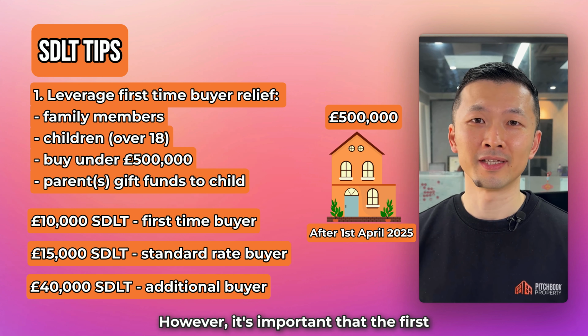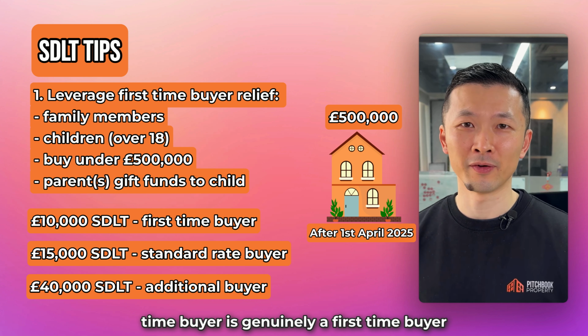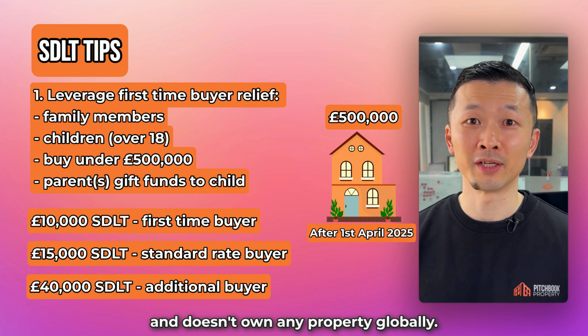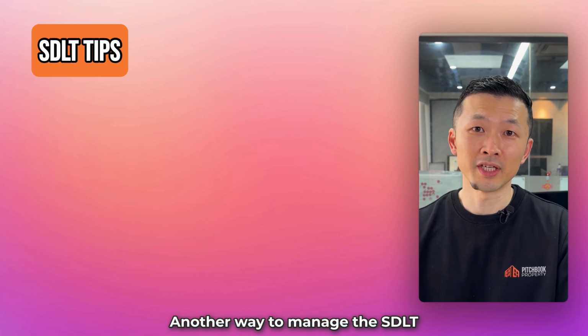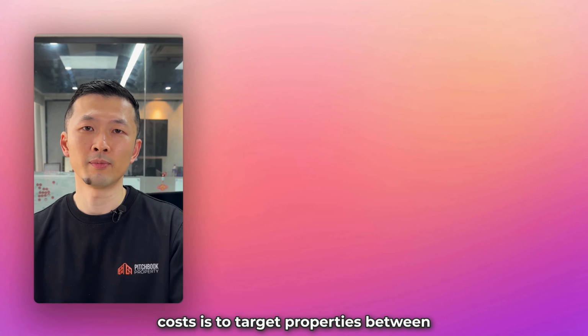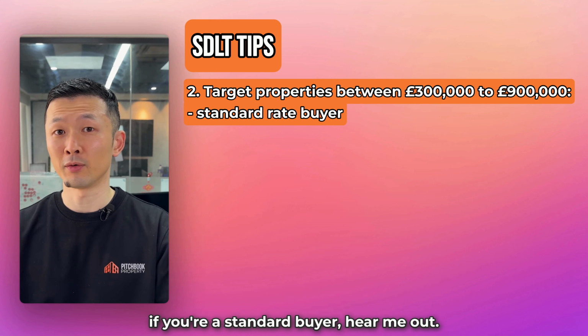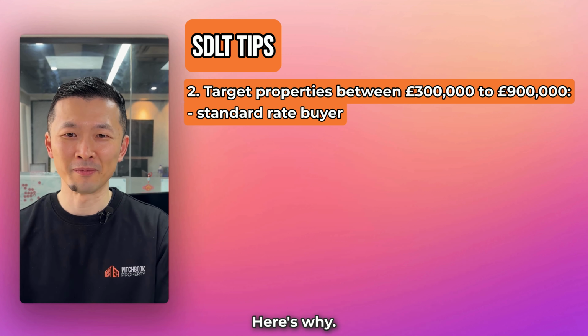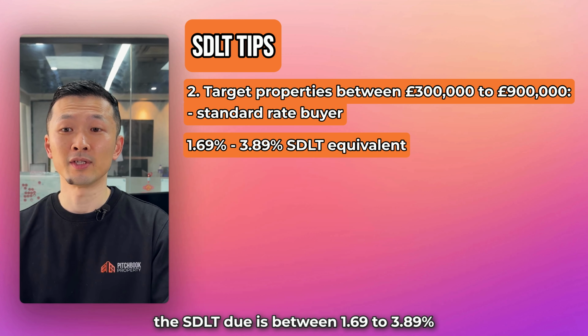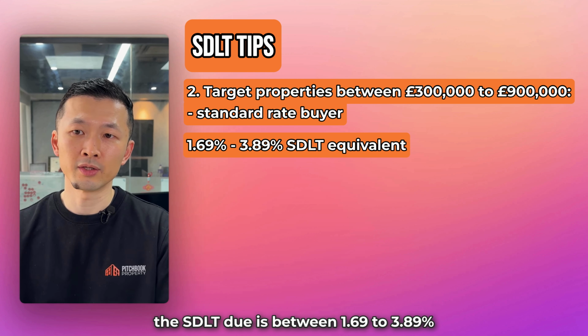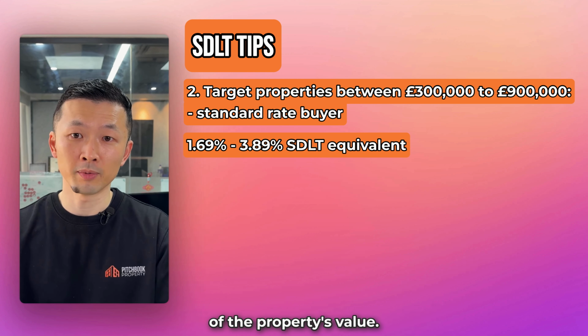However, it's important that the first-time buyer is genuinely a first-time buyer and doesn't own any property globally. Another way to manage the SDLT costs is to target properties between £300,000 to £900,000 if you're a standard buyer. Hear me out, here's why. At these price points, the SDLT due is between 1.69 to 3.89% of the property's value.